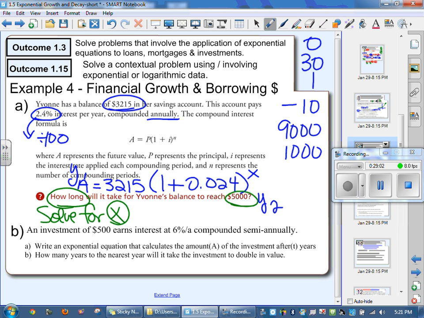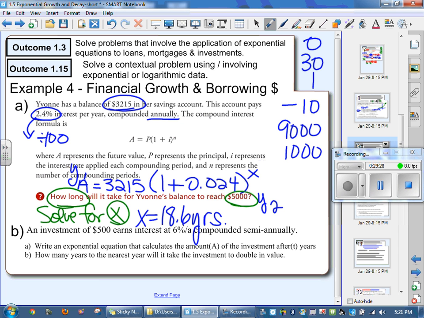X is going to be equal to 18.6 years. And if it wants us to round to the exact number of years, we'd round to 19 years. So it's going to take her 19 years to gain up to $5,000 in her account. Now, remember, that's not the amount of interest she's earning. That's how much she has in her bank account at the very end of those 19 years.